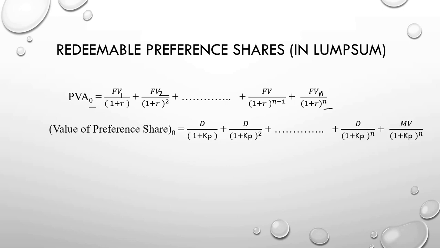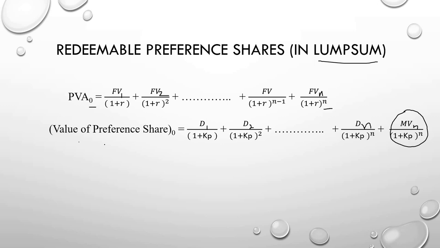Instead of FV, we are going to write D, dividend paid. So dividend paid at the end of first year, dividend paid at the end of second year, and dividend paid at the end of nth time period, and maturity value at the end of nth time period. Because it's given that it is in lump sum, so in one shot we are going to pay it. That's why it's maturity value in one shot only, at the end of the time period we are paying back.